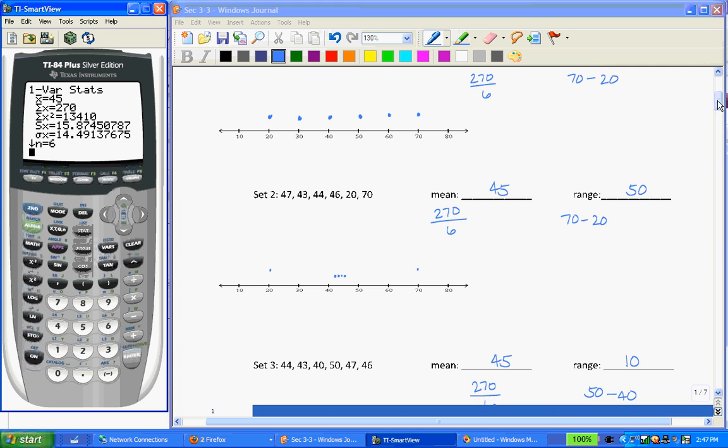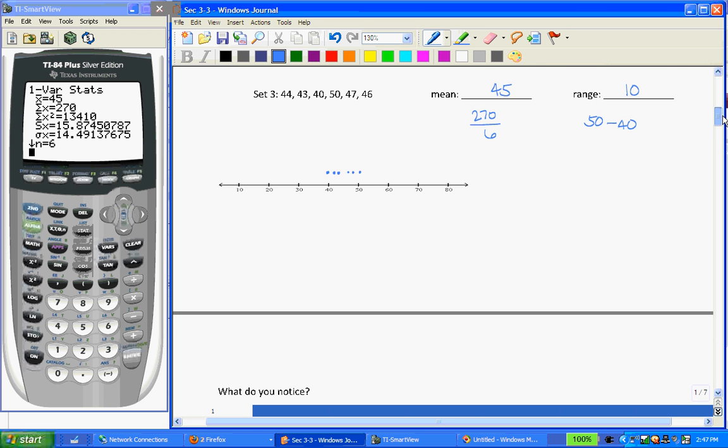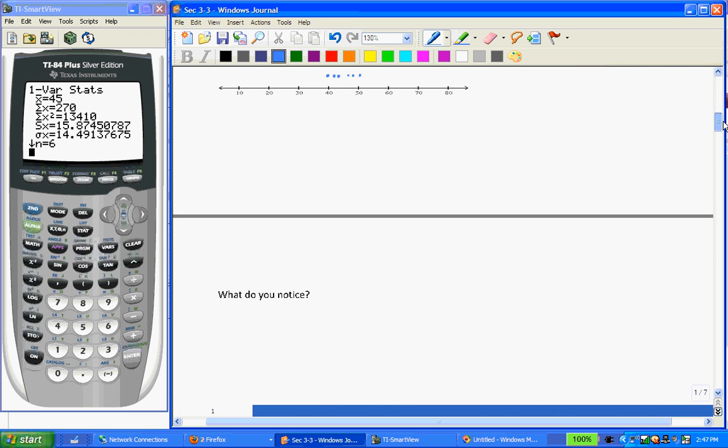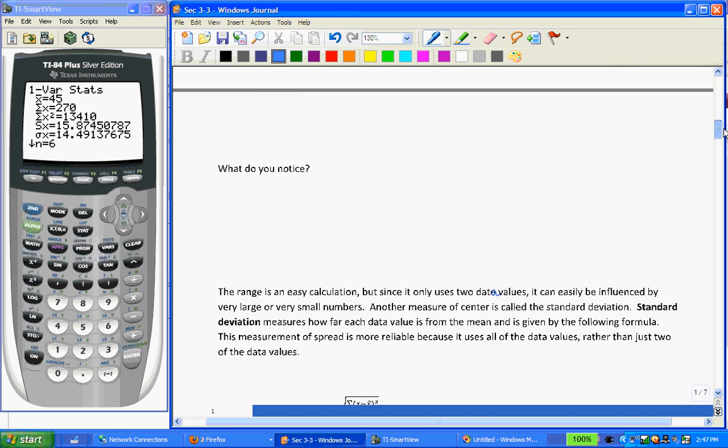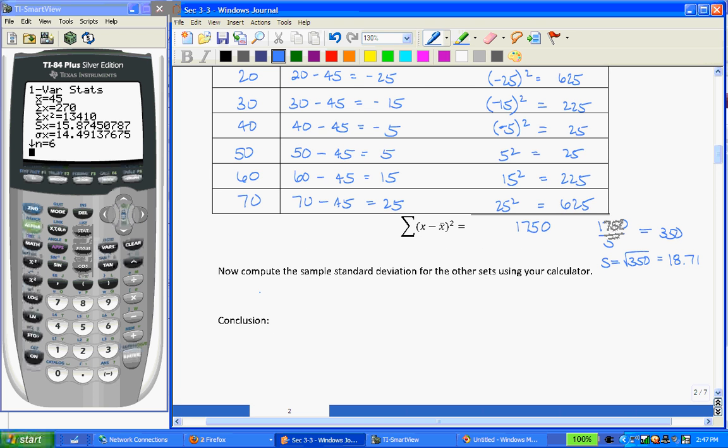Because this is a sample, we want to use the S, which is the sample standard deviation. The sigma would be for population standard deviation, so be careful with that. Okay, so for set 2, the standard deviation is equal to 15.87 if we round to the second place after the decimal.